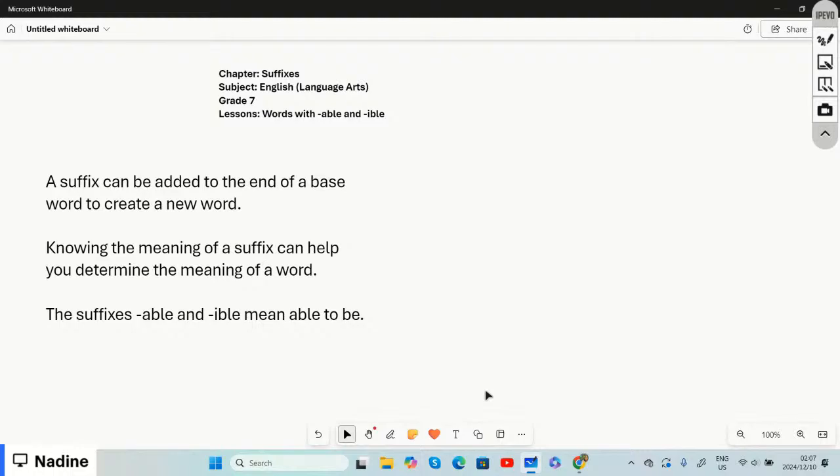So we're going to be doing words with able or ible.